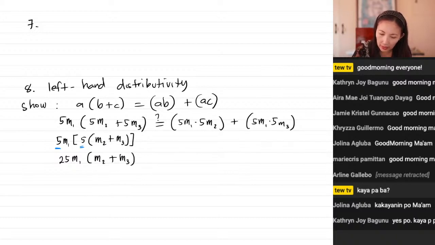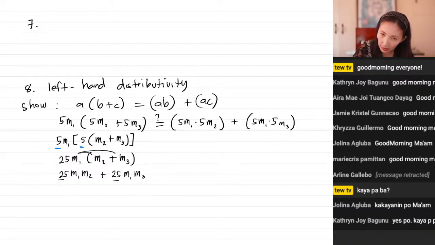Okay, by multiplication. And then by DPMA in Z, referring to the set of integers, I could multiply this out to 25 m1 times m2 plus 25 m1 times m3. And then by factoring out, I could factor this into 5, 5.